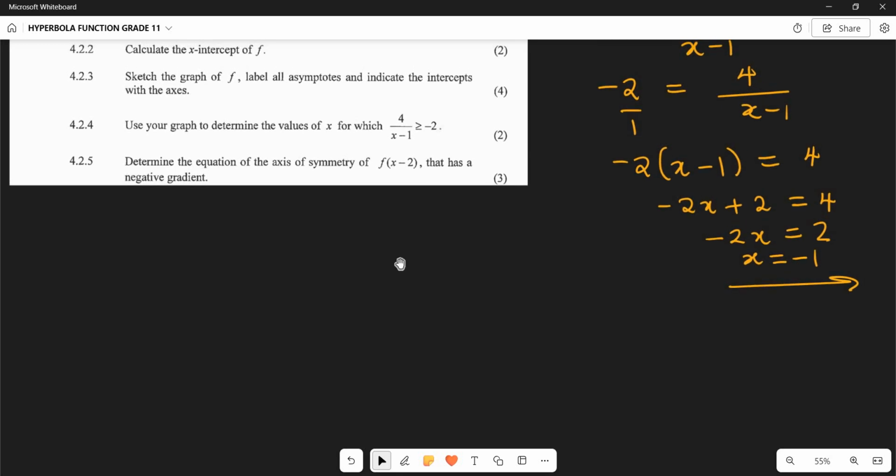Note, I mentioned for sketching a graph, you need x-intercept, you need y-intercept, and you also need the asymptotes, horizontal and vertical asymptote. We already answered the question about asymptotes. We answered a question now about the x-intercept of the function f, but we don't have the y-intercept. We can therefore find the y-intercept first, thereafter we can sketch our graph. So let us find that. That is us answering for point 2.3.